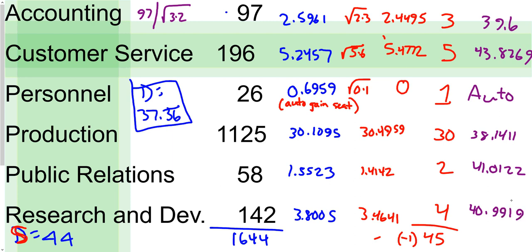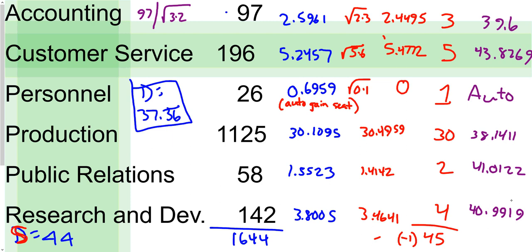Okay, so the ones closest to the divisor, except for the automatic ones, right? So we don't worry about them.